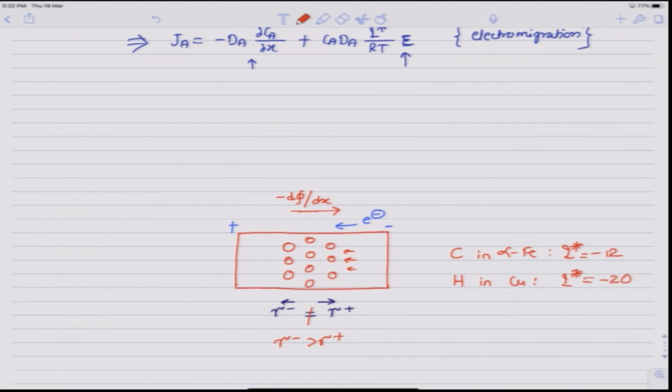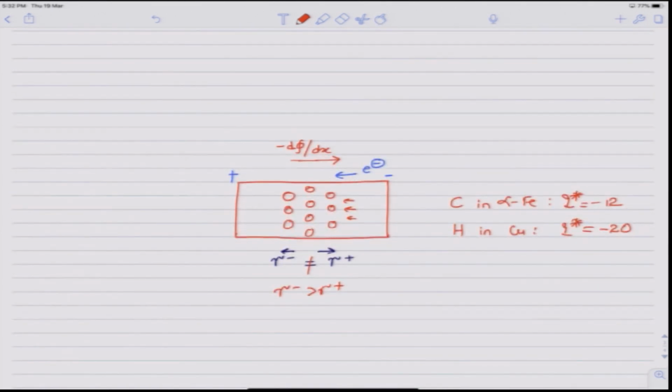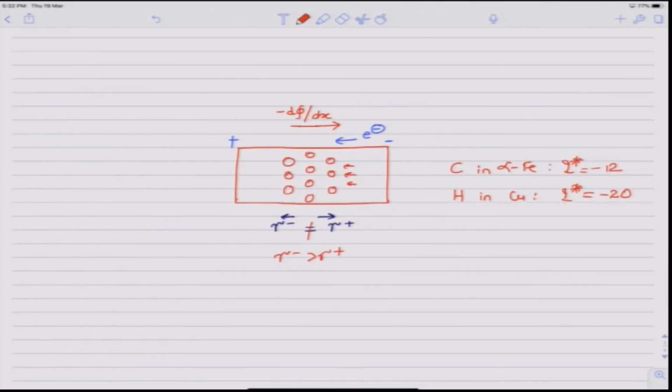So as you can see, this effective charge is much higher compared to the valence, and that is because of this momentum transfer, the bias in the jumps because of the momentum transfer from the electrons. So this is the nature of electromigration and why there is a drift as we understand physically.